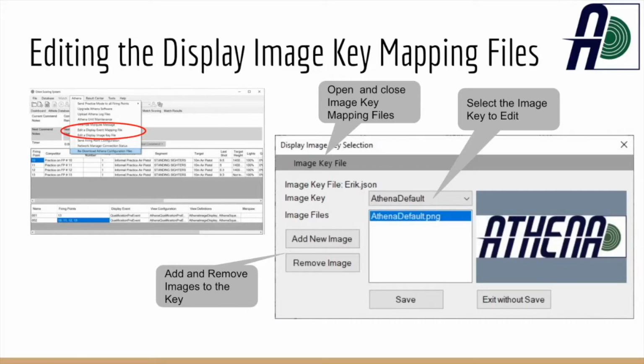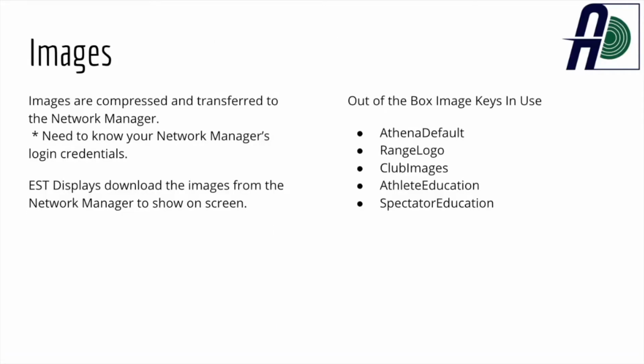And then there's a series of image keys, and there's a drop-down list where you can select which image key you want to edit. And then the buttons on the left add and remove image files. You can select the images to associate with an image key from your operating system. When you click on Save, Orion is going to upload those images to your network manager.